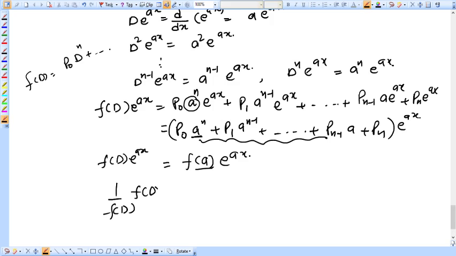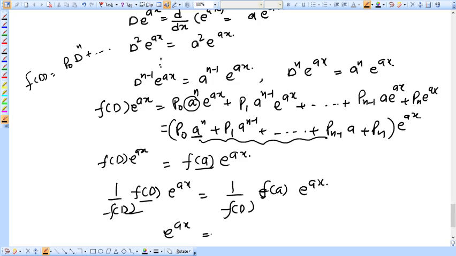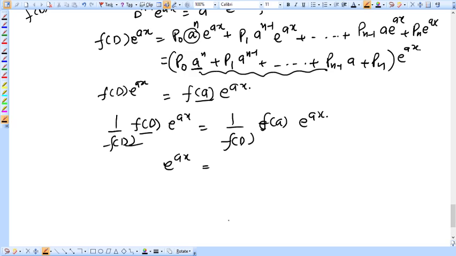f(D) e^ax is equal to 1 upon f(D) f(a) e^ax. What we get? Okay, so this and this get cancelled, and we are left with e^ax is equal to 1 upon f(D) f(a) e^ax.